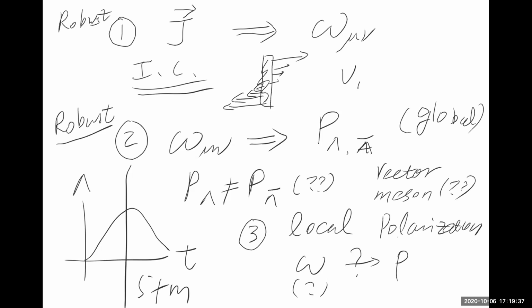The vector meson field, or mean field, or whatever you call it, can polarize the S quark in the same way as the electromagnetic field. So I think the phi meson spin alignment can be understood by using this vector meson field or phi meson field.